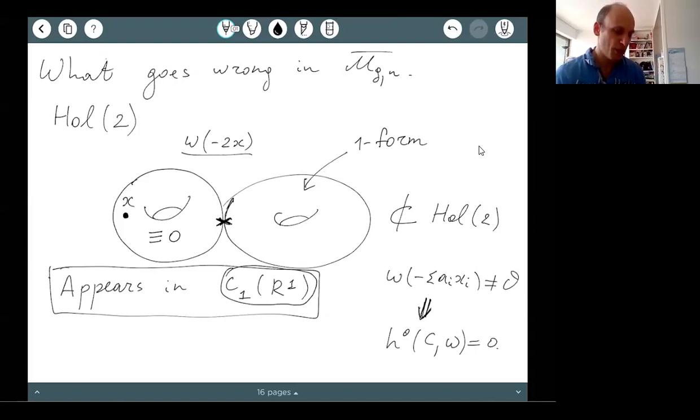So on this elliptic curve here, I choose any holomorphic one form. They're all proportional to each other. And on the left one, I choose the holomorphic one form that vanishes identically. And since it vanishes identically, it does have a double zero at x, or even a triple zero, zero of any order.